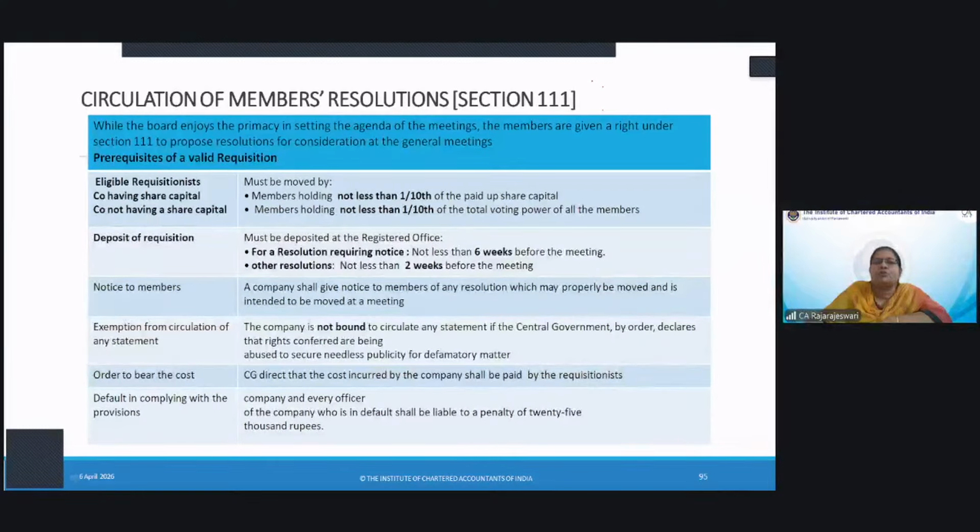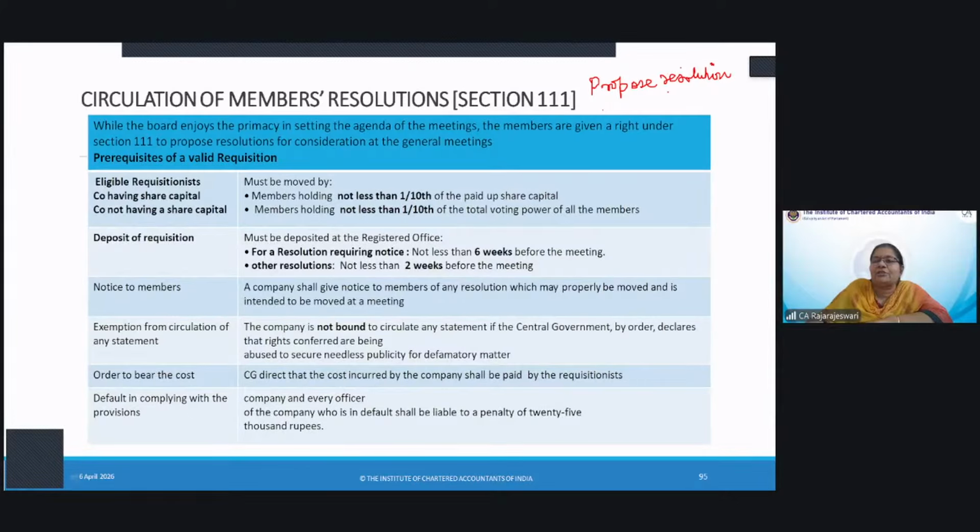If they want to pass a resolution, they can also move that resolution. So while the board enjoys the primacy in setting the agenda of the meetings, the members are given a right under section 111 to propose a resolution for consideration at the general meeting.